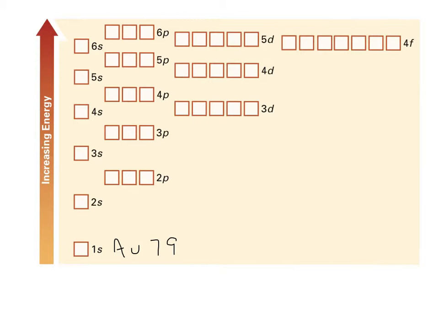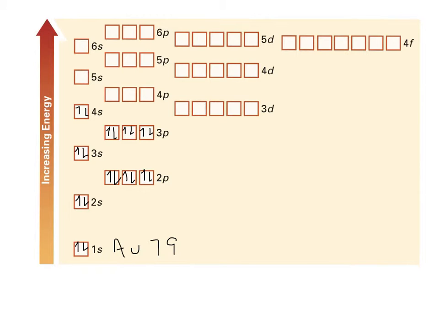So if we want to do gold, we're going to start off 1, 2, 3, 4, 5, 6, 7, 8, 9, 10, 11, 12, 13, 14, 15, 16, 17, 18, 19, 20. Notice that now we're filling the 4s before we fill 3d, because energy-wise, 4s is actually lower. So it's a little bit below that 3d level.